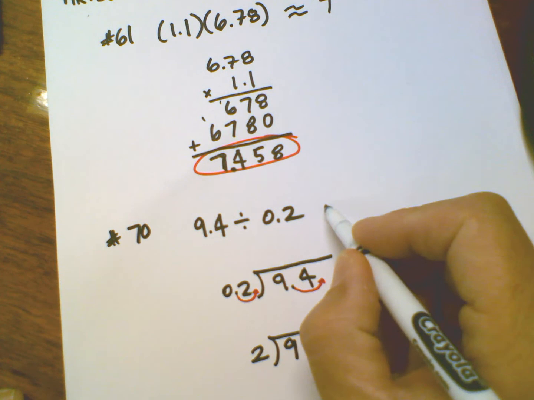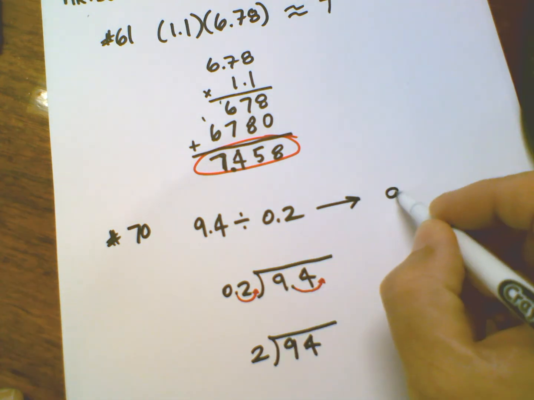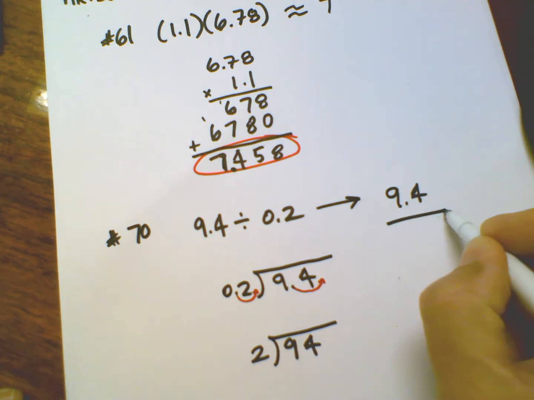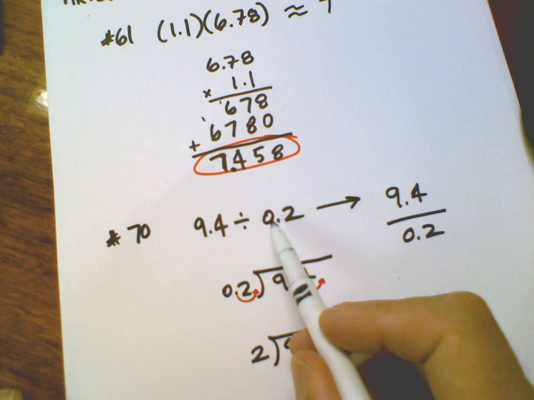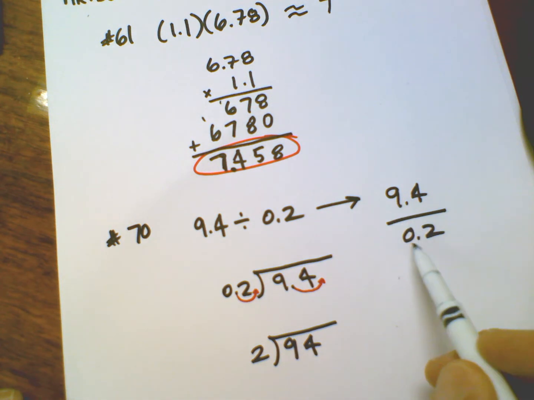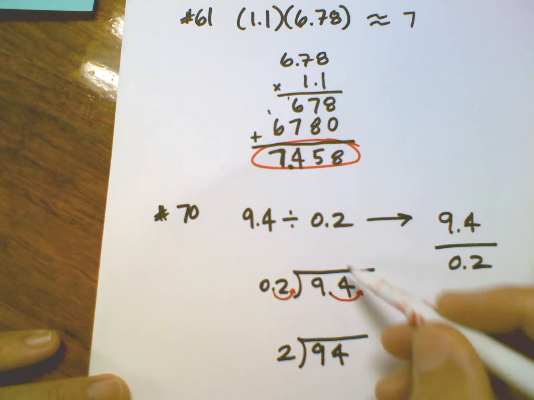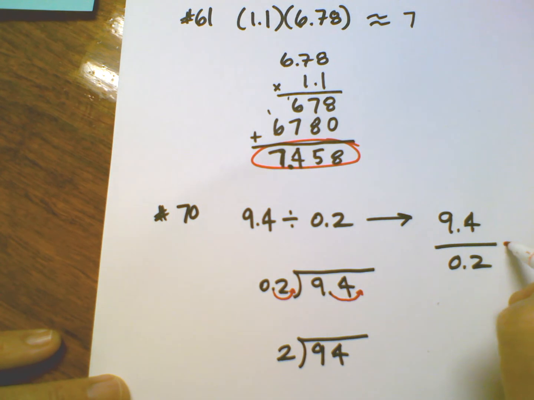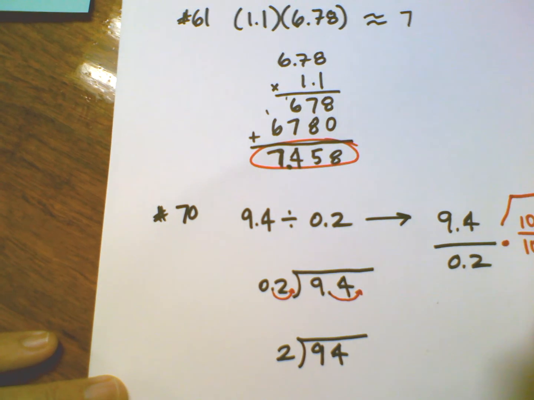Another way to look at it, I just want to make sure you understand this concept, is that division is really the same thing as a fraction bar, right? I can write this problem as 9.4 over 0.2, right? And what I just did here is I multiplied by 10 over 10, which, if you remember, is just a giant 1.